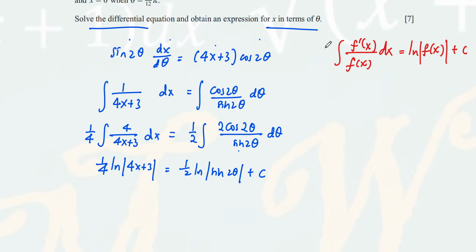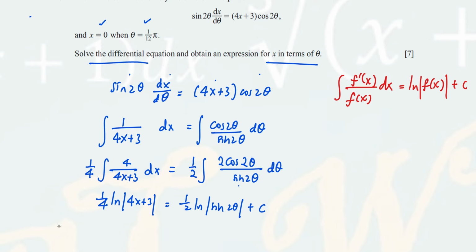Okay, so now replace the values. x is 0. Theta is 1 over 12 pi. That means now I will be getting 1 over 4 ln of 4 times 0 is 0, plus 3, that is ln 3.